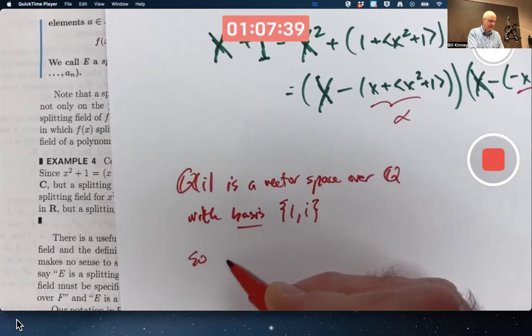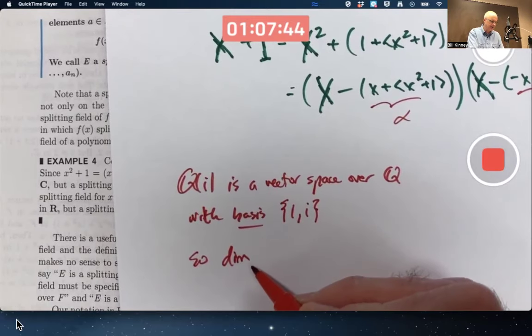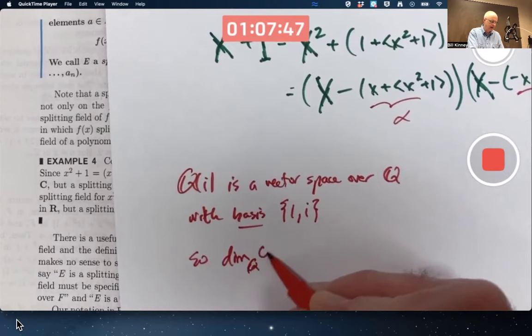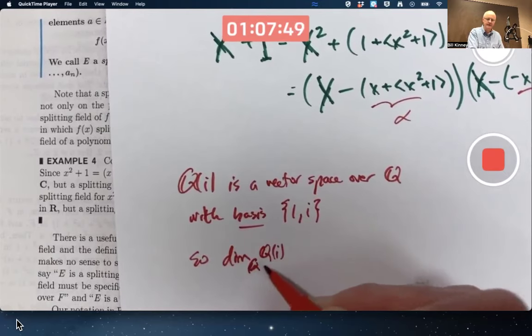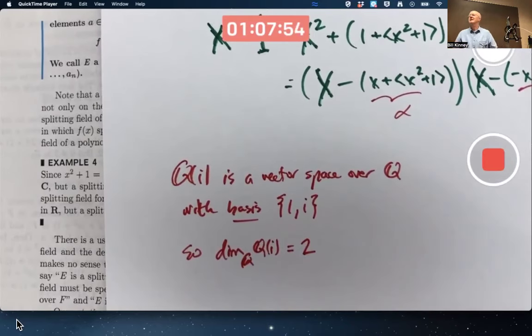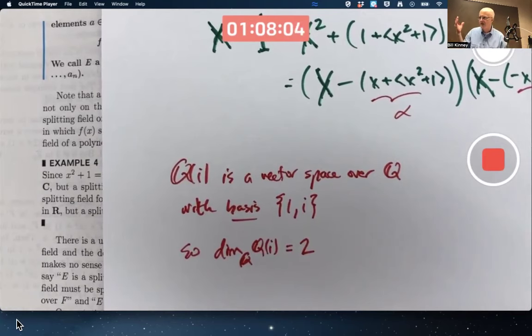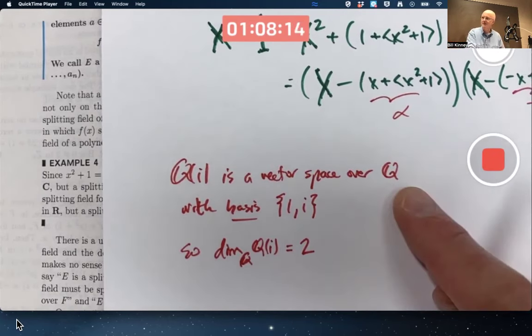So the dimension of Qi over Q, which is commonly written like this, put the Qi to the right here and put the Q as a subscript, is 2, because it's got a basis with 2 elements. What are the vectors in the basis? They're these numbers. The numbers are the vectors. What are the scalars? The scalars are also numbers. They're rationals.